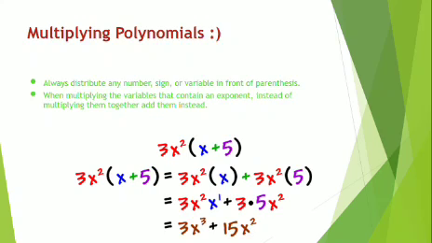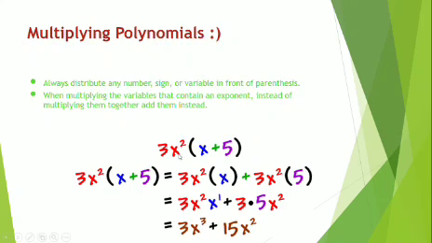Here we'll multiply polynomials. As you can see here, we have a monomial multiplied by a polynomial. So we start multiplying the coefficient with the coefficient. So 3 times 1 is 3, and x to the power 2 times x is x to the power 3.